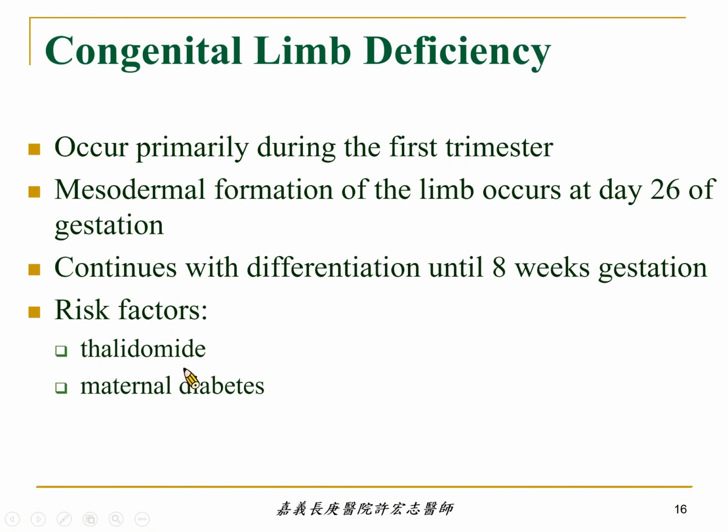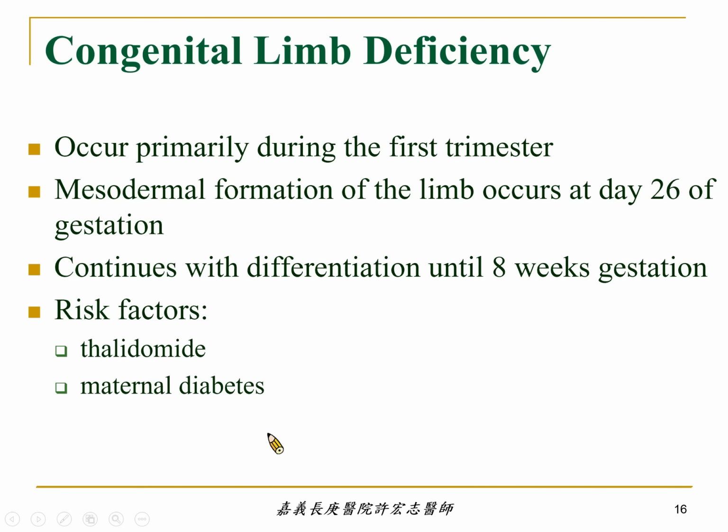So thalidomide was terminated for a period of time, but nowadays it is used for cancer treatment, as an anti-neoplastic medication. So if we are using this medication nowadays, we should pay more attention to the pregnancy status of the patient. Okay, this is thalidomide.